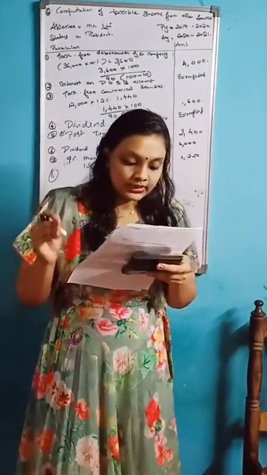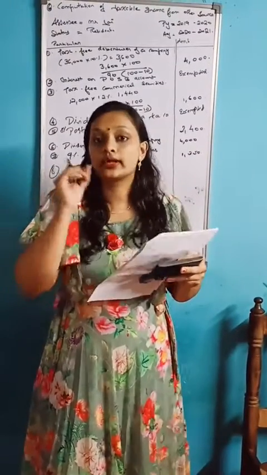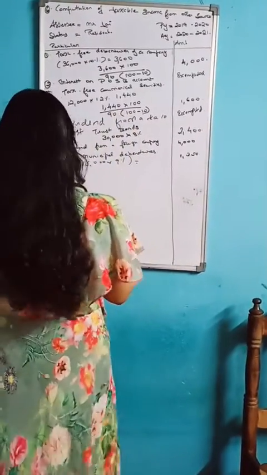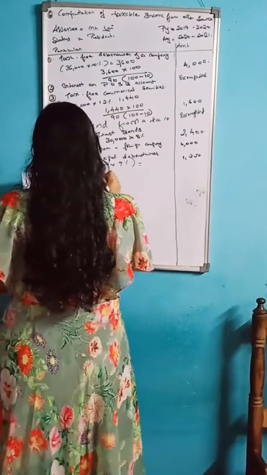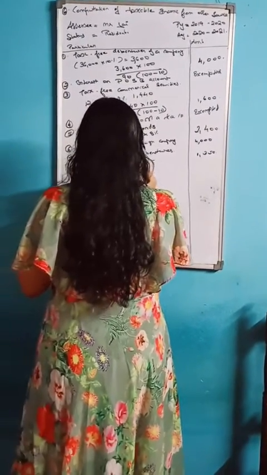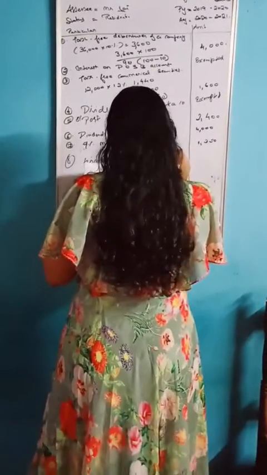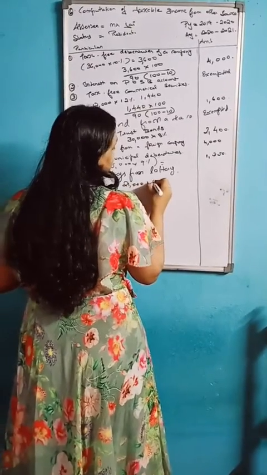Next, eighth point is winning from lottery, net amount received rupees 21,000. So it's taxable and you should deduct TDS. Winning from lottery, that is net, so that is 21,000. Okay, so 21,000 into 100.